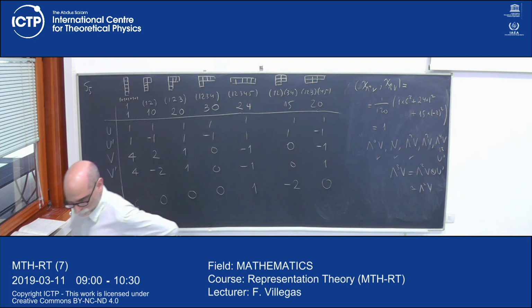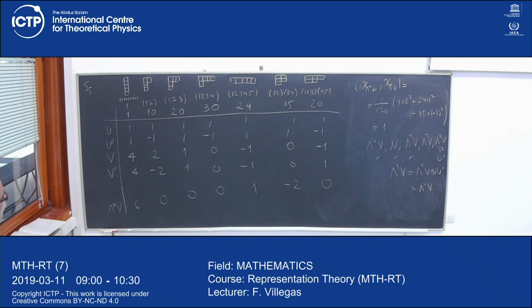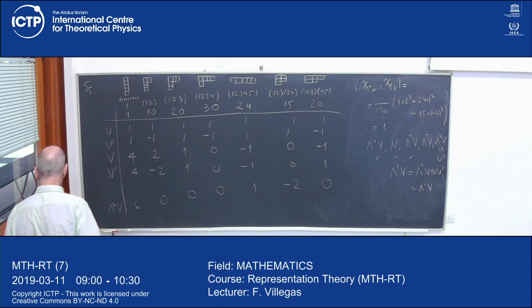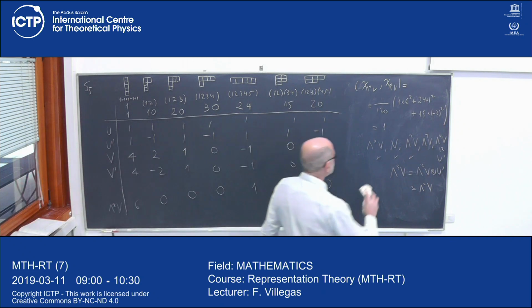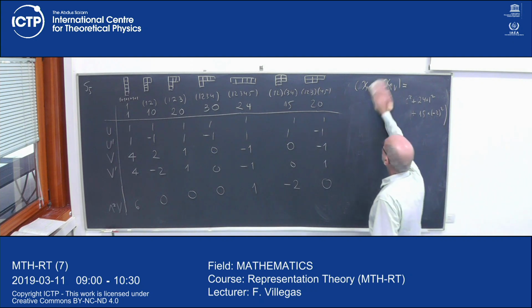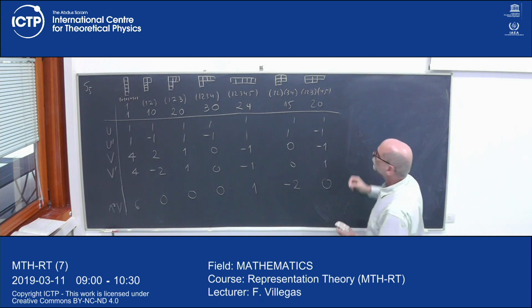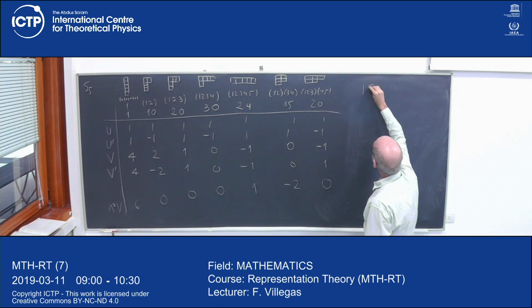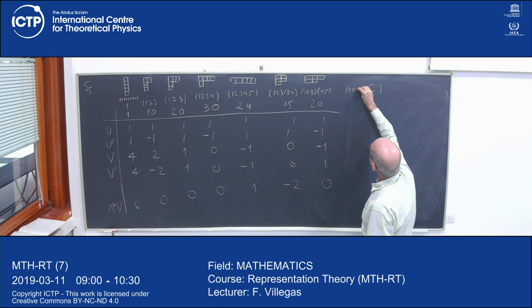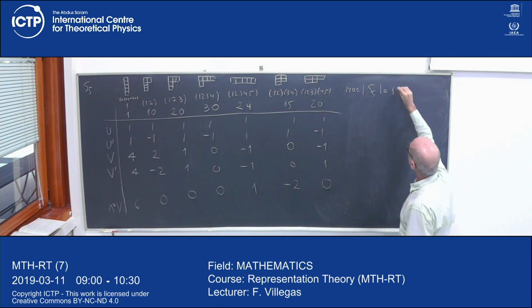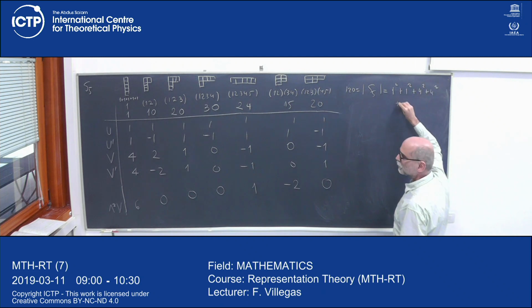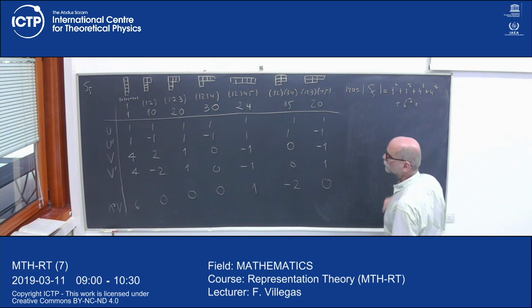So now we can do what Carlo was saying. We have 5 representations out of 7, so we can see if we can determine their dimensions. How are we doing with respect to sizes? The size of the group, which is 120, is equal to the sum of the squares of the dimensions of the irreducible representations.